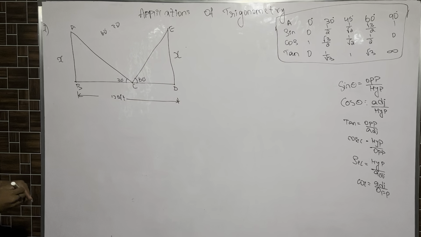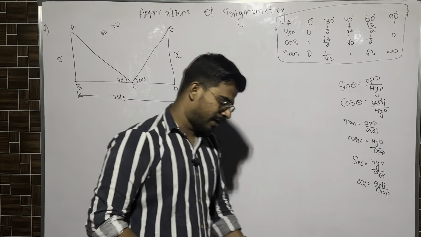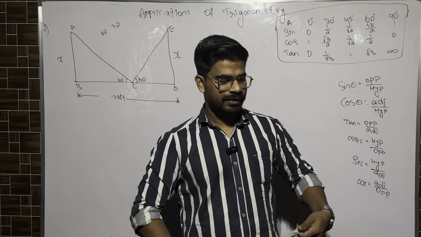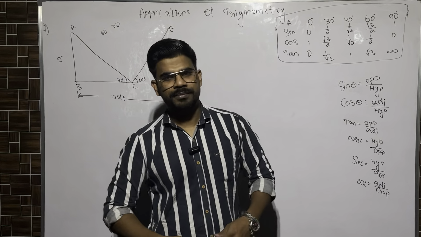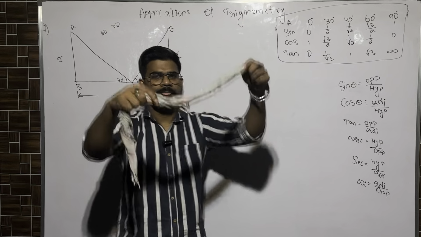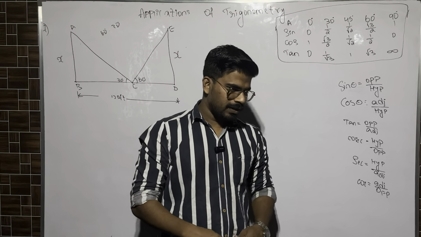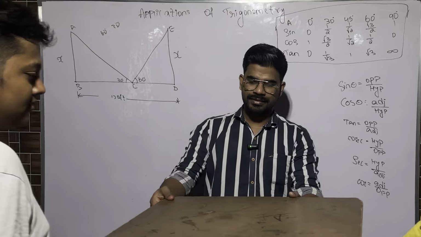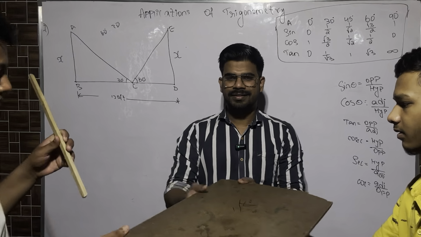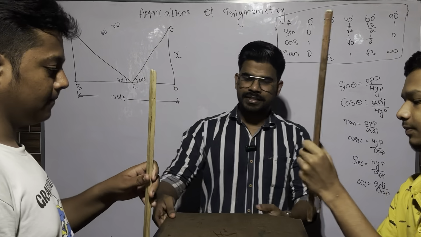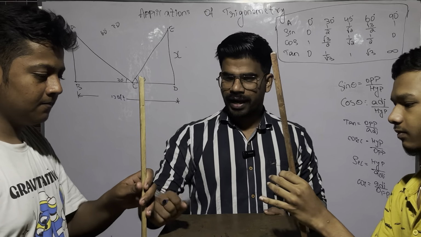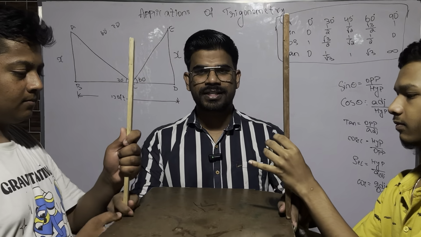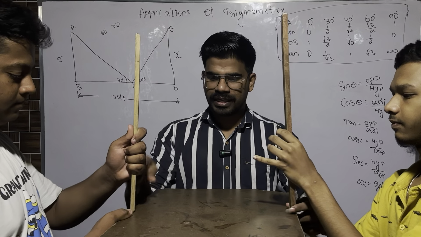Now let us try to understand this in a practical way. Let us consider this is a road and two equal poles. They do not seem to be equal, but understand that these two are equal poles standing on either side of the road.